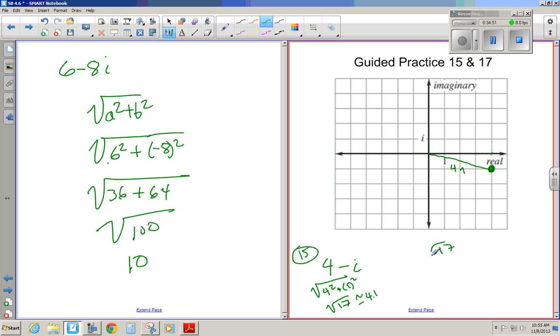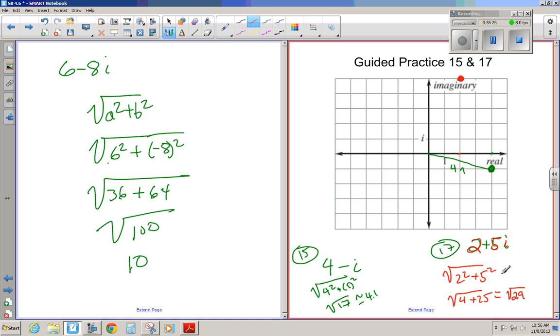Number 17, 2 plus 5i. Well, the real part is 2, so it's right here. The imaginary part is positive 5i, so it's up here. So the square root of 2 squared plus 5 squared, that's the square root of 4 plus 25, which is the square root of 29.